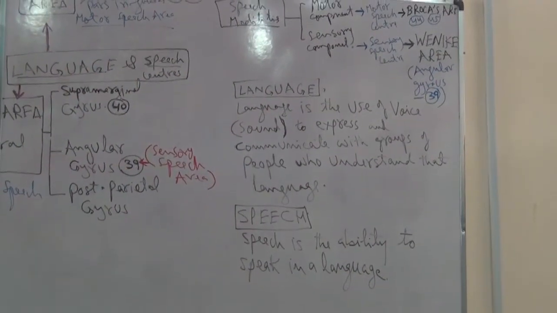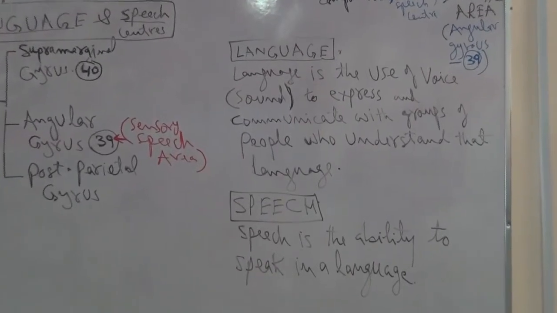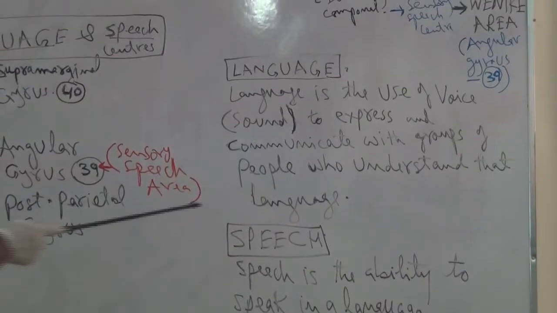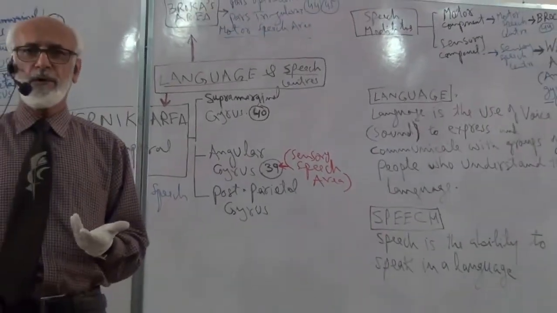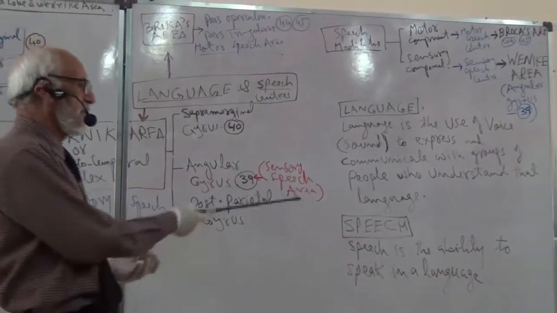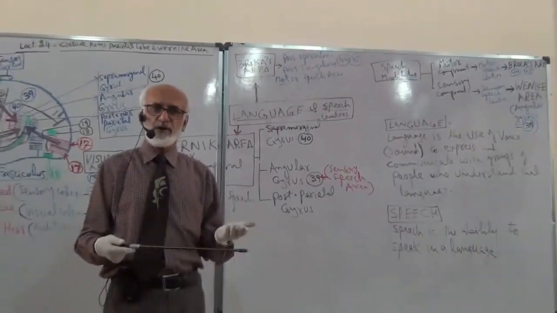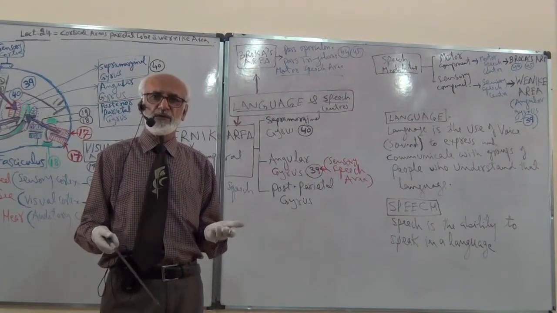So what is language and what is speech? Suppose there is a group of people who can speak in Urdu. So you will communicate with them in Urdu, not in English. Then there is a group of people who do not understand any other language, only English.